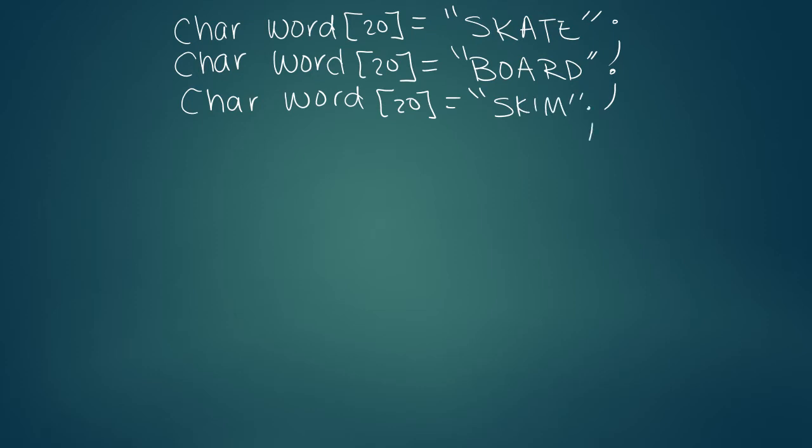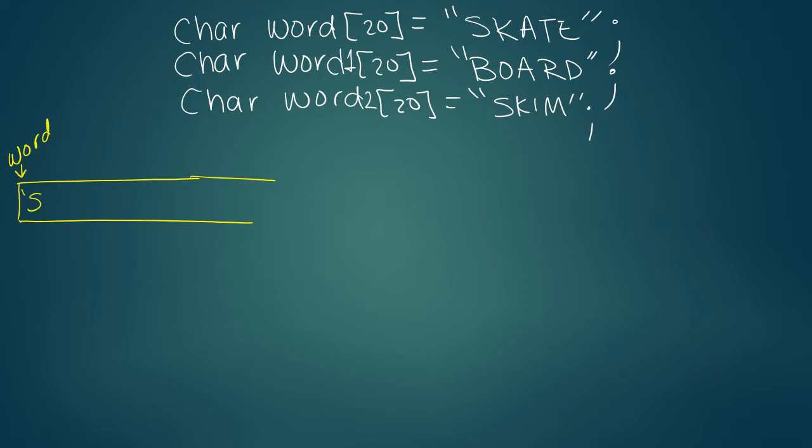All right, so I have some character arrays, so let's draw some pictures here of my character arrays. I made a mistake here because they all have the same name. So I'm going to change this to word 1 and this to word 2. So I have word 1 and word 2. This word is a pointer to the beginning of my character array.